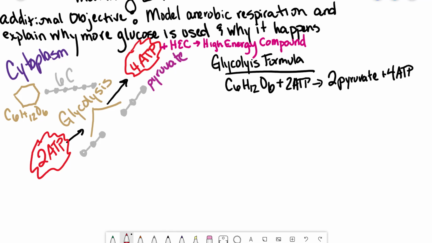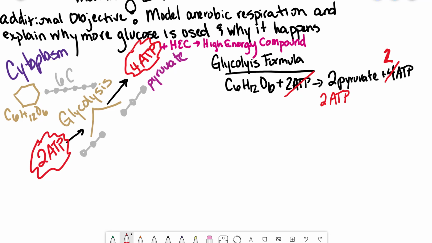So in this case, we have 2 ATP on this side and we have 4 over here. So really we netted, or we ended up with in the end a net addition of 2 ATP. So glycolysis creates 2 ATP. And this will be important later when we tally up how much ATP we made.